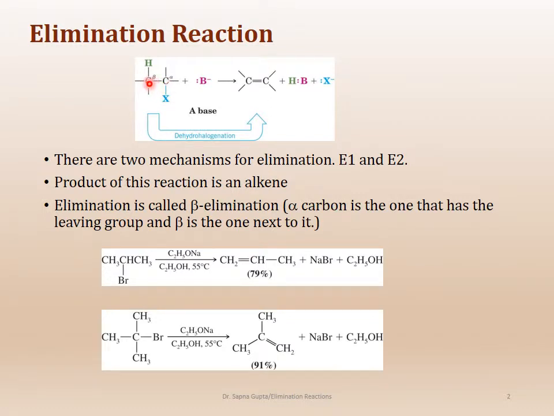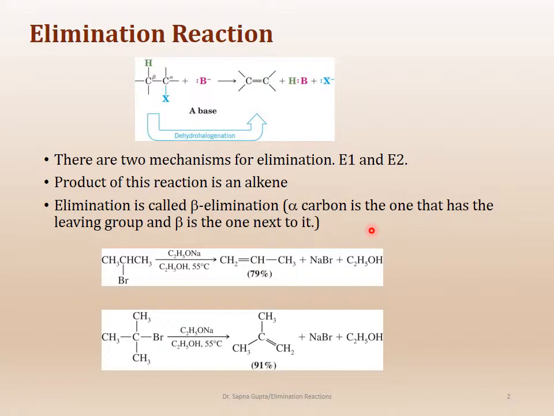The alpha and the beta carbons have to be next to each other. You cannot have a carbon 2 or 3 carbons away with a leaving group on it, okay? The leaving group and the hydrogen have to be on adjacent carbons, and that is called an alpha-beta elimination. We'll talk about this more when we get into the mechanisms of the reaction.